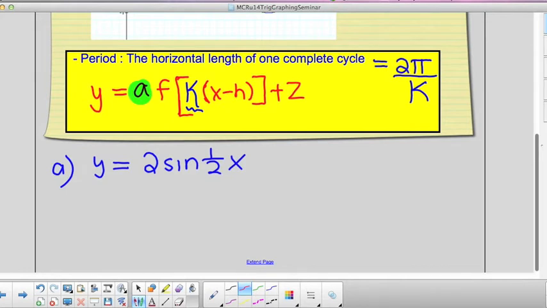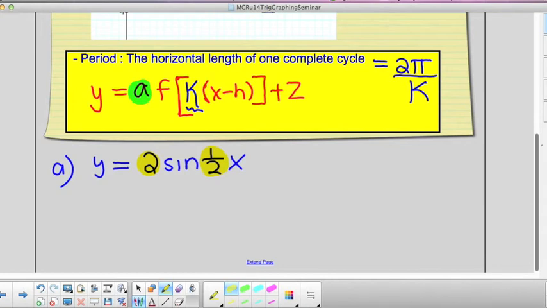I know that this represents a transformation, this 2 represents a transformation, and the 1/2 represents a transformation. Can someone tell me what transformations have been applied? Does anyone know? Chris? So we have a vertical stretch by 2 and a horizontal stretch by 2.